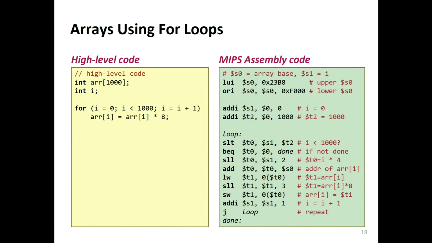If load word is loading it from T0 and storing it in T1, and store word is loading it from T1 and storing it in T0. Yes. Store word actually is copying the value in register T1 and storing it in the memory address indicated by 0 parentheses T0.